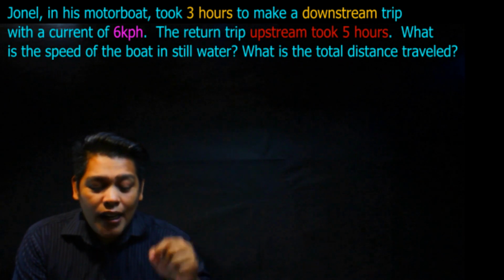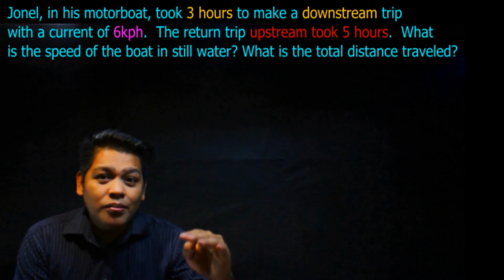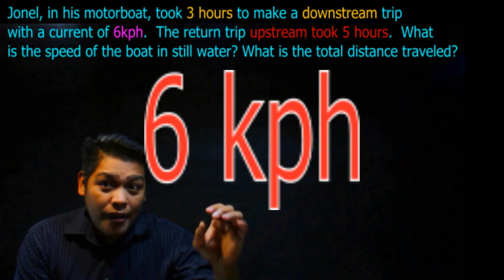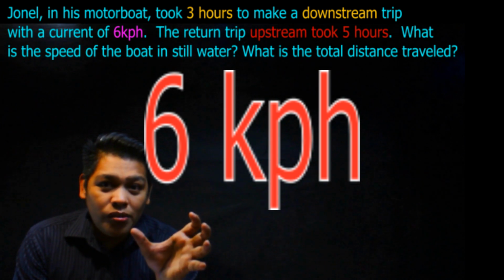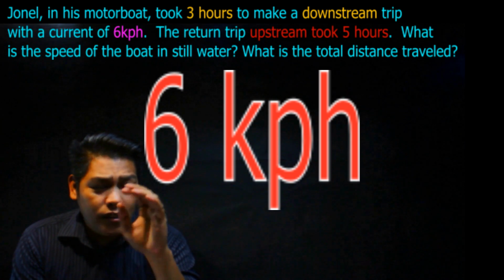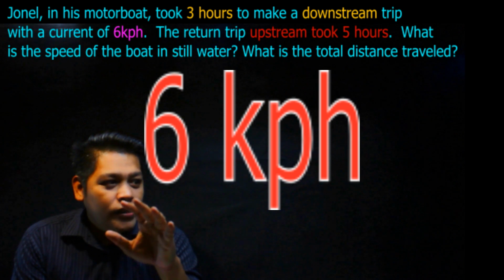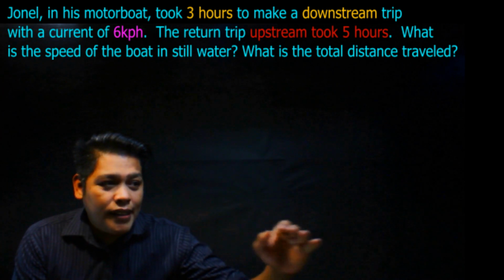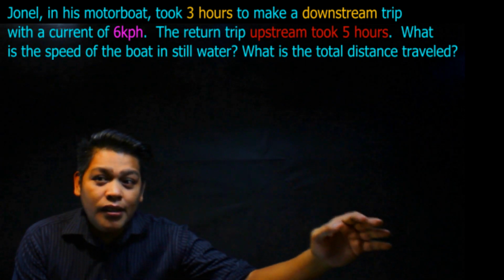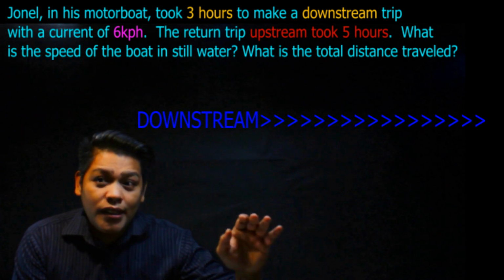So ang given dito, yung current daw, 6 km per hour yung dagdag sa speed ng boat. So pupunta si Junel sa kabila, yung current is 6 km per hour, downstream. Dun yung tinatawag na downstream.